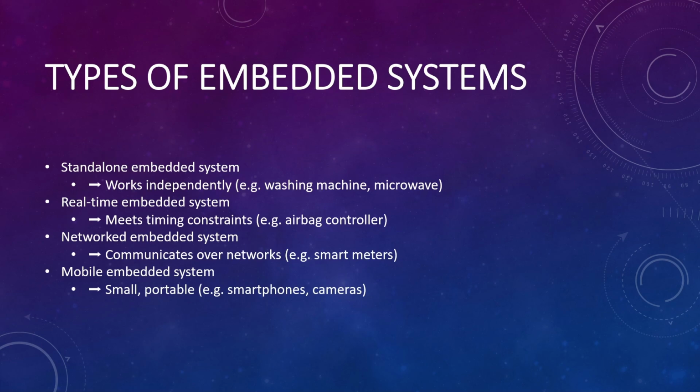They are connected over networks, meaning they can communicate over networks, for example smart meters, smart bands, and mobile phones. The last type is mobile embedded systems. Small portable devices come in this category, such as smartphones and cameras.